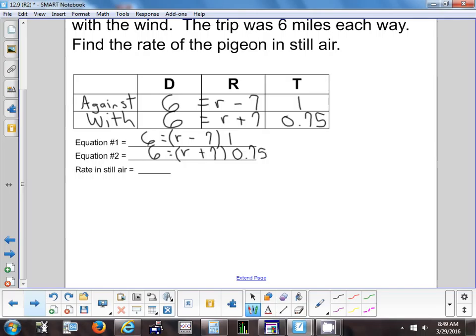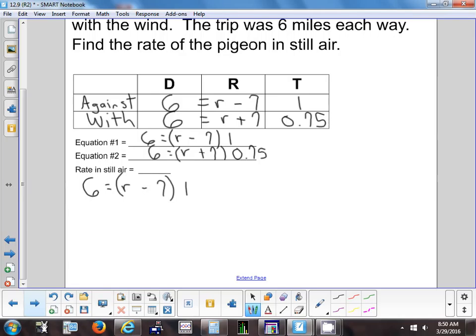Yeah, you're gonna have to get R by itself. So guys, we're gonna do each equation separately, distribute, then move some stuff around and get it by itself. I think we'll use the top equation. So I'm gonna have 6 equals r minus 7 times 1.